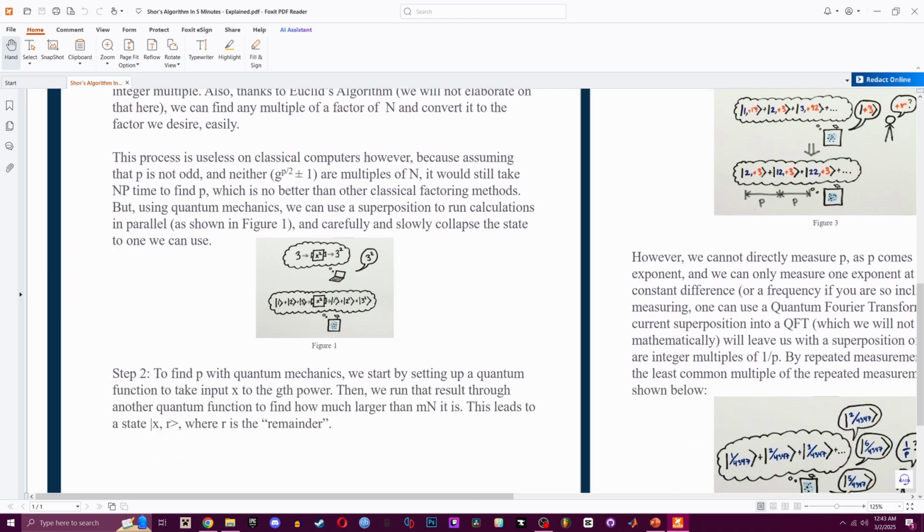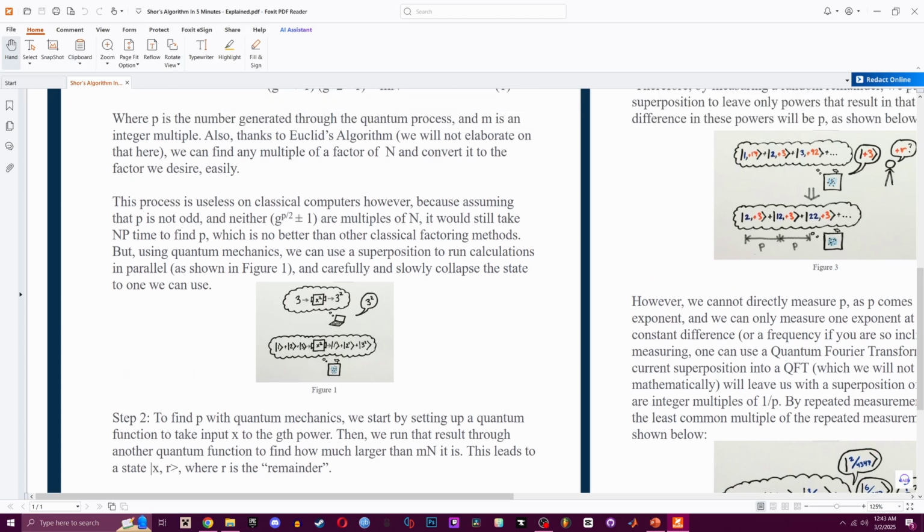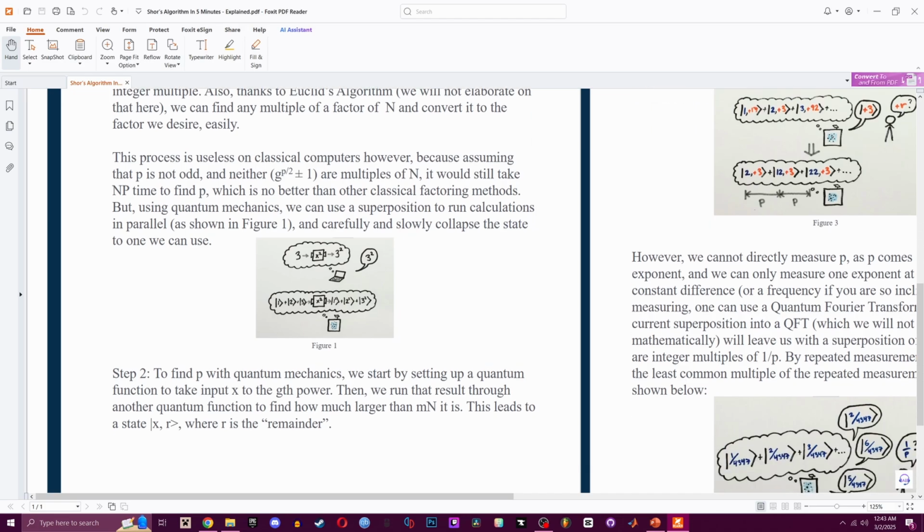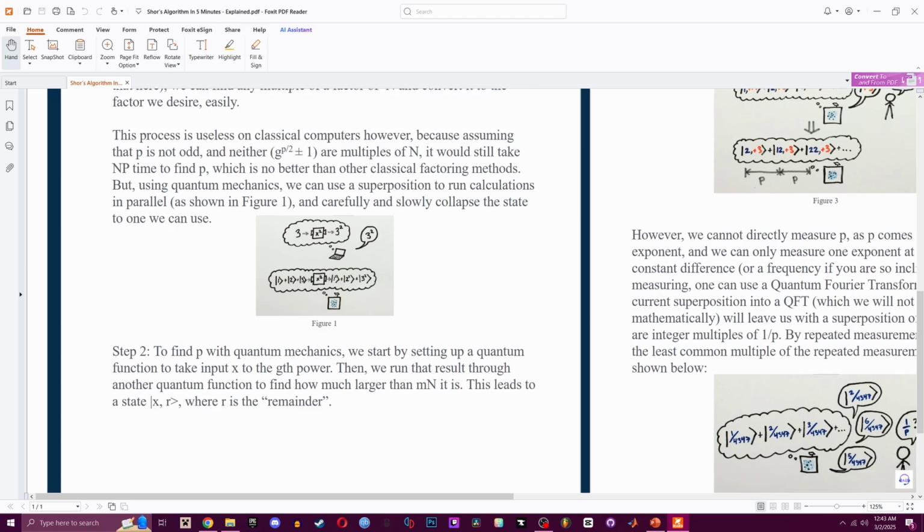We can't really do this on classical computers, because assuming that p is even and that you don't have multiples of n in your g terms, it would still take super long to find p. But thanks to quantum mechanics, you can take a look here in figure 1, we can run these algorithms on multiple entries at once through a superposition.